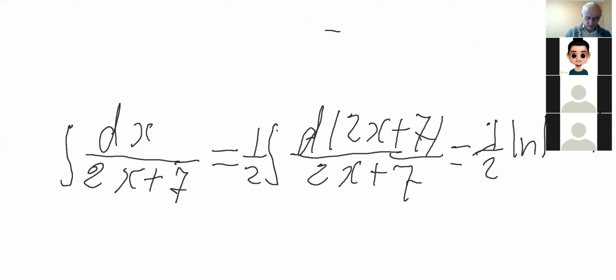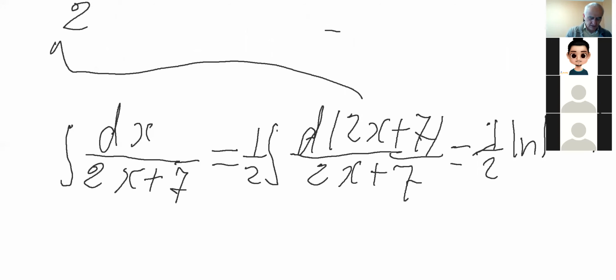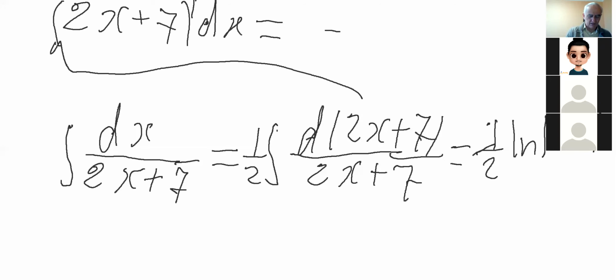So d(2x plus 7), by definition, is the derivative of 2x plus 7 times dx. What is the derivative of 2x plus 7? The derivative of 2x is 2, and the derivative of 7 is 0. That's why this derivative is 2, and we multiply 2 by dx.